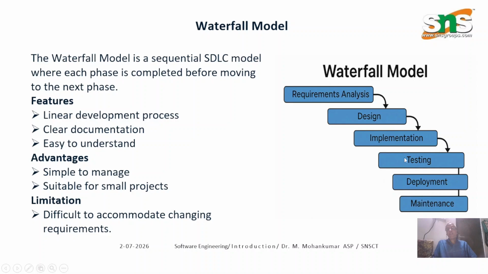That is the reason it takes a long time, but it gives clear documentation. That is the main advantage, and it is easy to understand by the end user and the new developer also. So the only thing is that it is difficult to accommodate changing requirements.